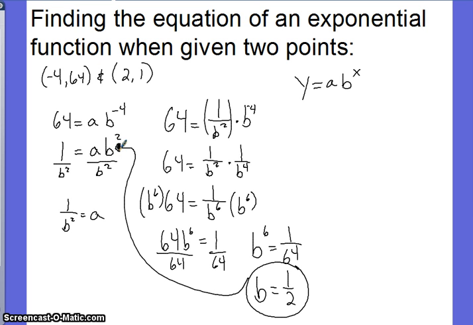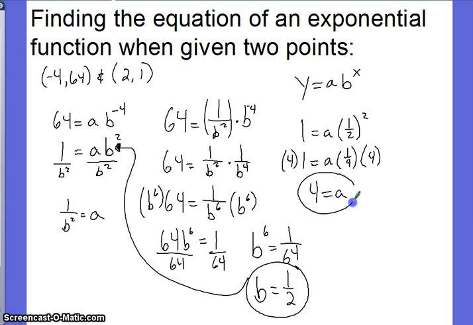This one's clearly the easiest to do. So I have 1 is equal to a times 1/2 squared. 1/2 squared is 1/4, so I have a times 1/4. And what times a fourth is 1? If I multiply by 4 on both sides, I get that a is 4.